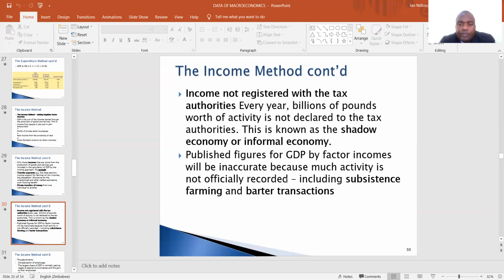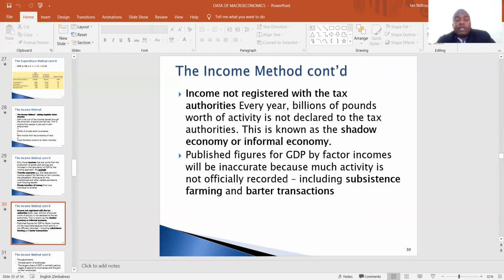Published figures for GDP by factor incomes are normally inaccurate because much activity, especially in developing, emerging and transition economies like the Zimbabwean economy, most incomes are not registered with tax authorities, and some economic activities are of a subsistence nature, like subsistence farming, where people produce in order to consume at the production unit. It's the household which is producing and it's the household which is consuming.